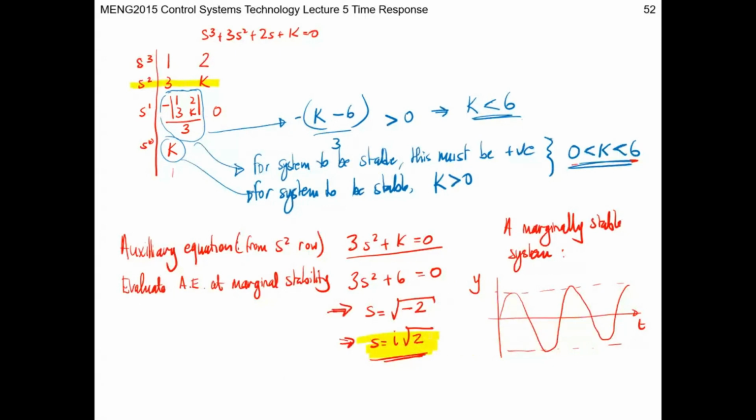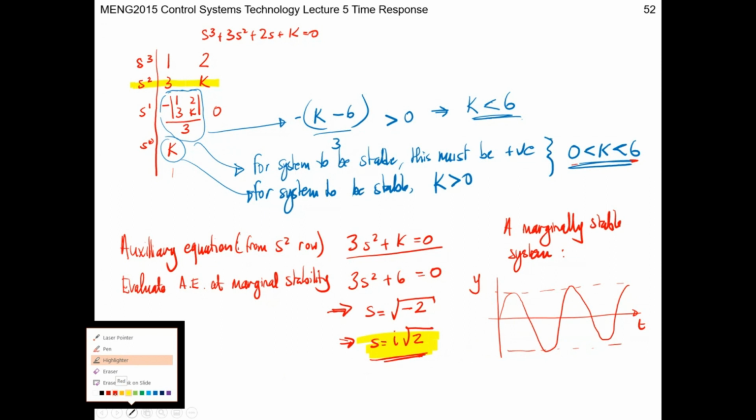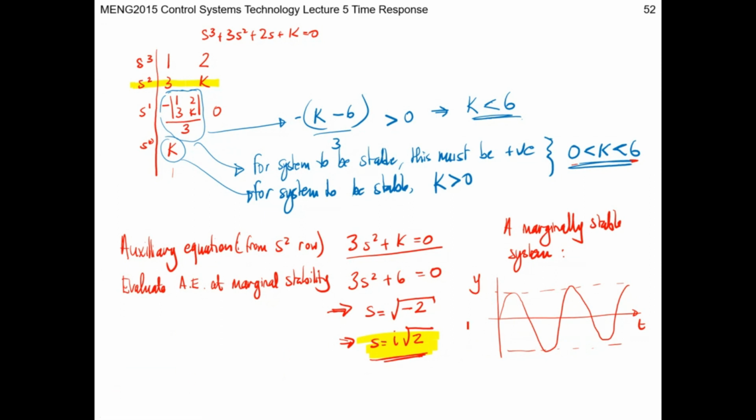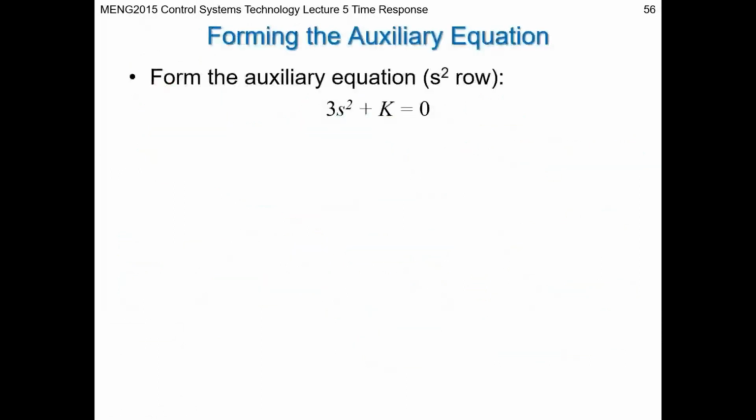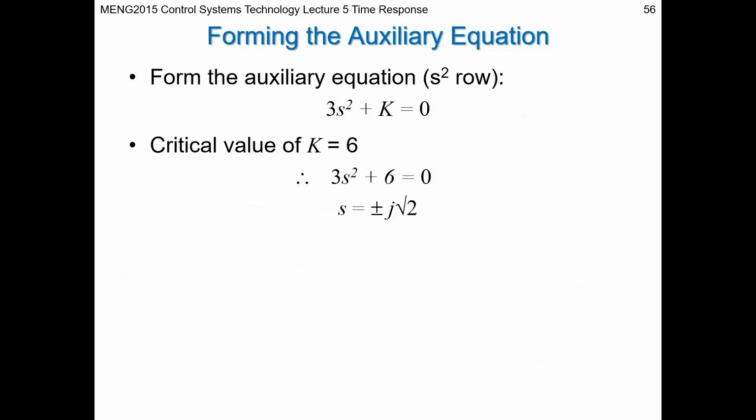This root 2 is the frequency of oscillation of our system. So our auxiliary equation really helps us to determine the frequency of oscillation at this condition of marginal stability.